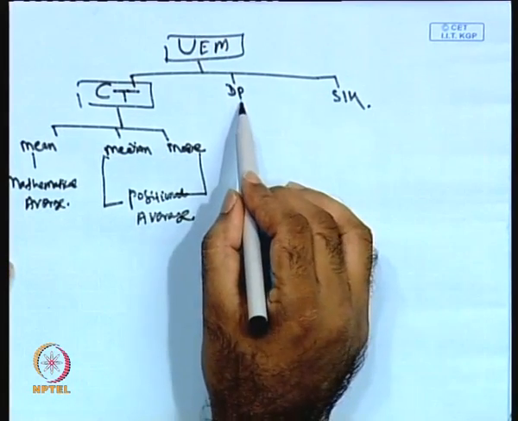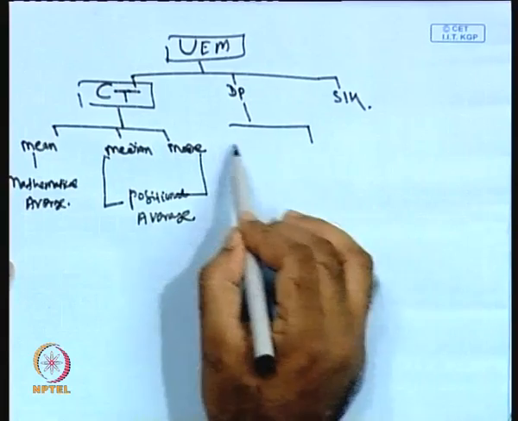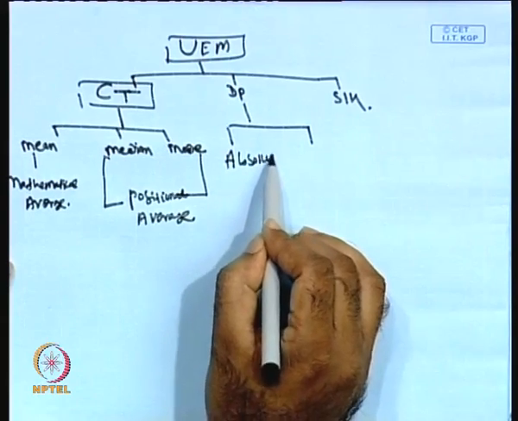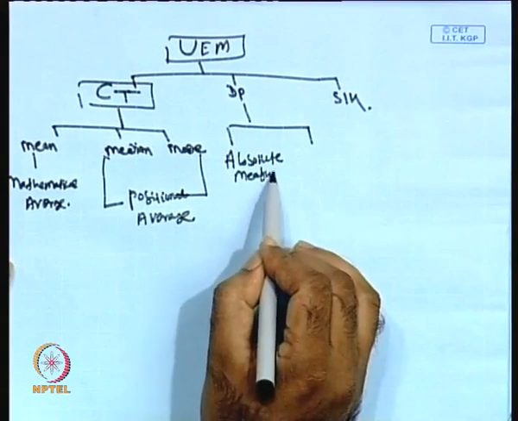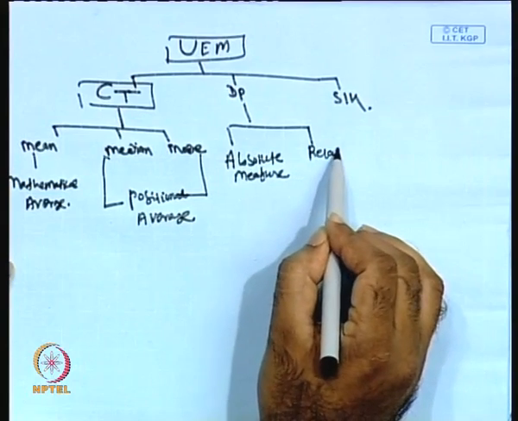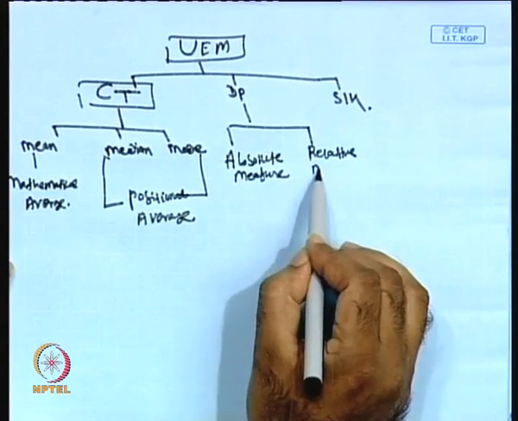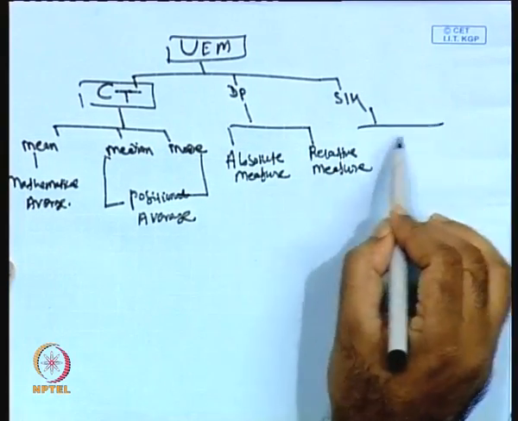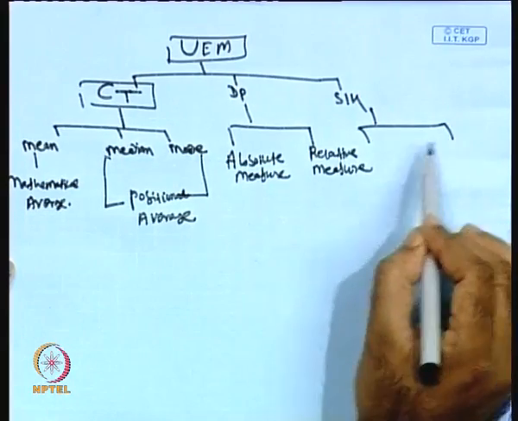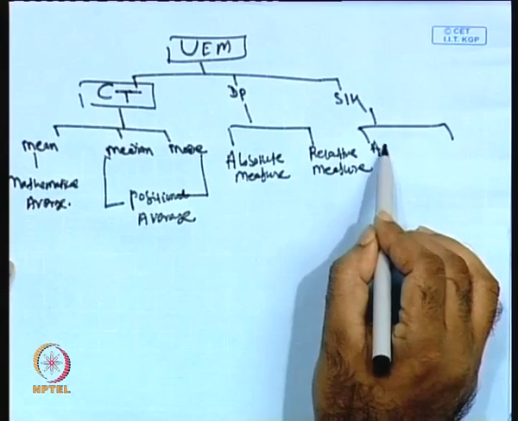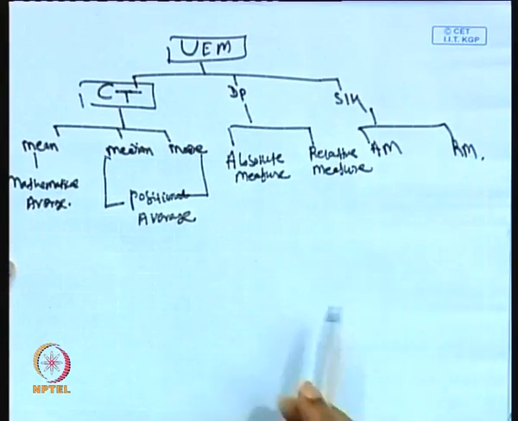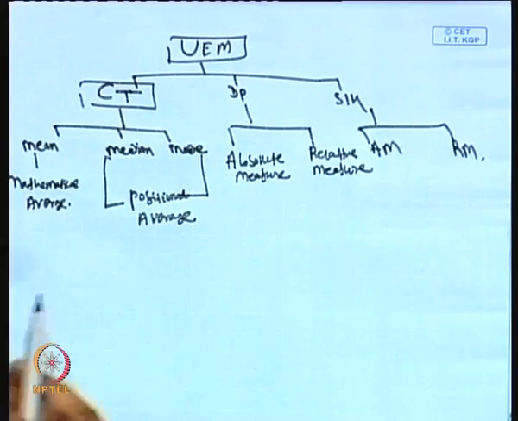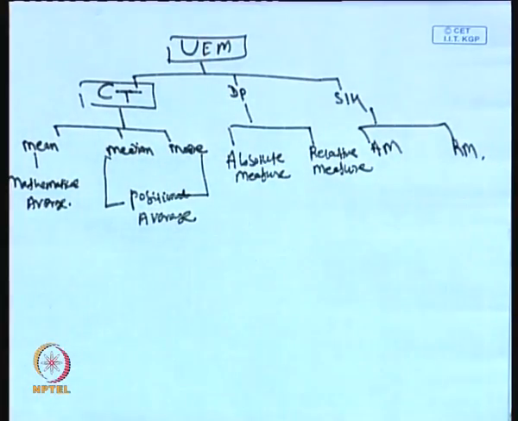So, now similarly for dispersion, we have two things, one is called an absolute measure, and another is called a relative measure. Similarly, for the case of skewness, we have two different setups, one is called absolute measures and another is called relative measures. Okay. So, now we have to see what is the structure of central tendency, the structure of dispersion and the structure of skewness.